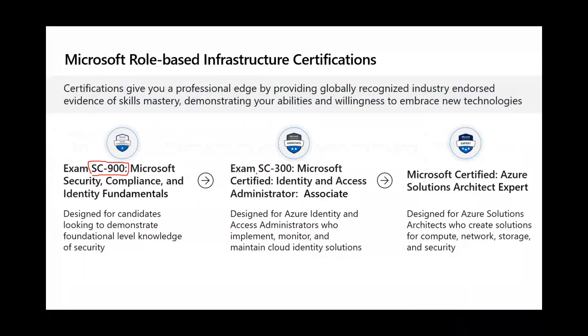With that exam, you would be an associate, with the certification as an associate, and you can be a security administrator. After that, there are different options. You may want the Azure Solutions Architect Expert certification, or SC-100, which is the security architect.